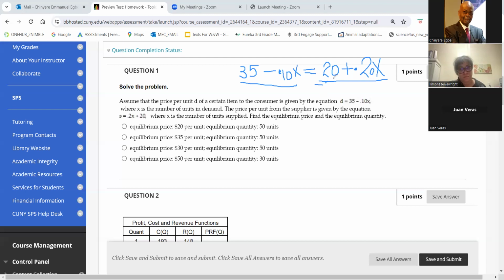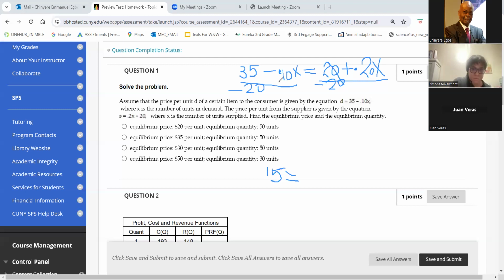We subtract 20 from this side, and we subtract 20 from that side. What do we have? We have that 15 is equal to, now, once you subtract 20 from this side, this becomes a 0. Are we correct? Mm-hmm. And so when we subtract 20 from this side, we have 15.